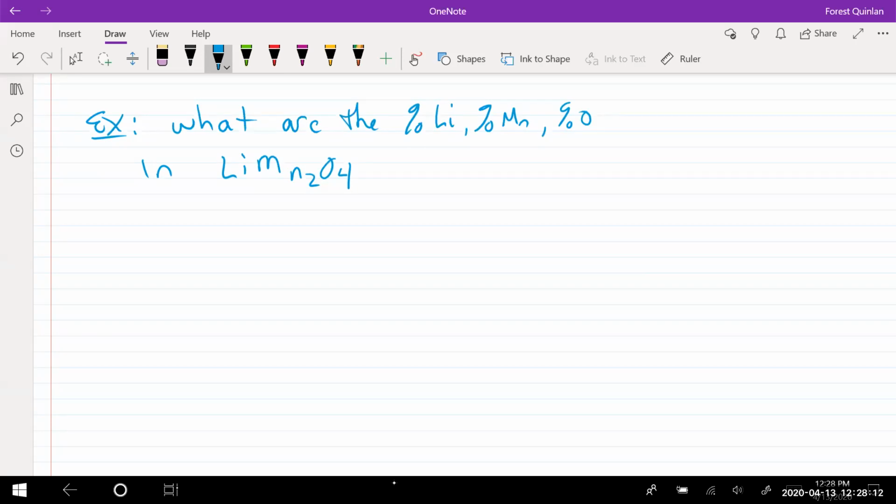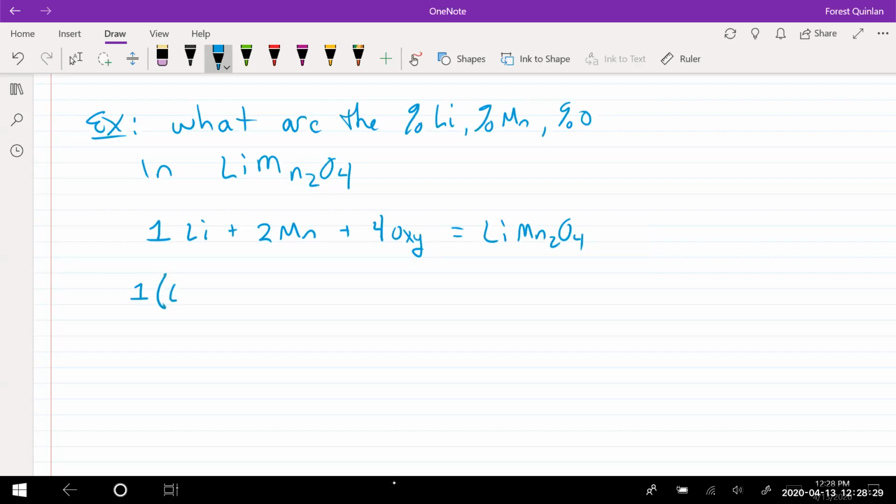All right, so we have 1 lithium plus 2 manganese plus 4 oxygens. That's going to equal our lithium manganese oxide. I want to figure out how much that weighs.